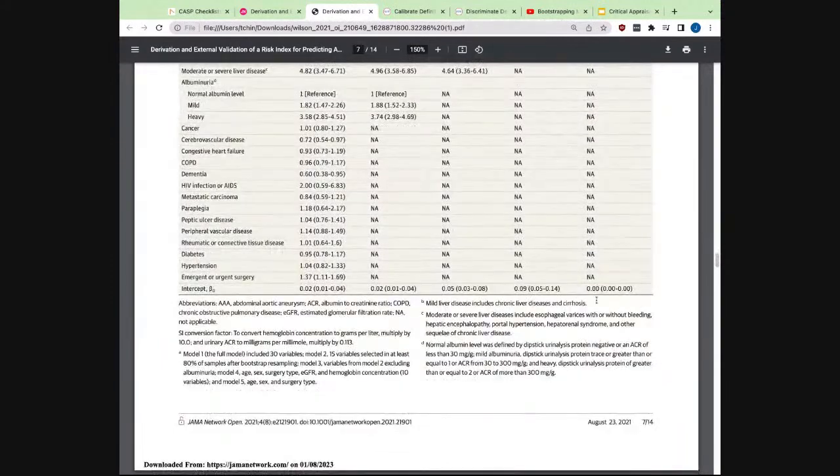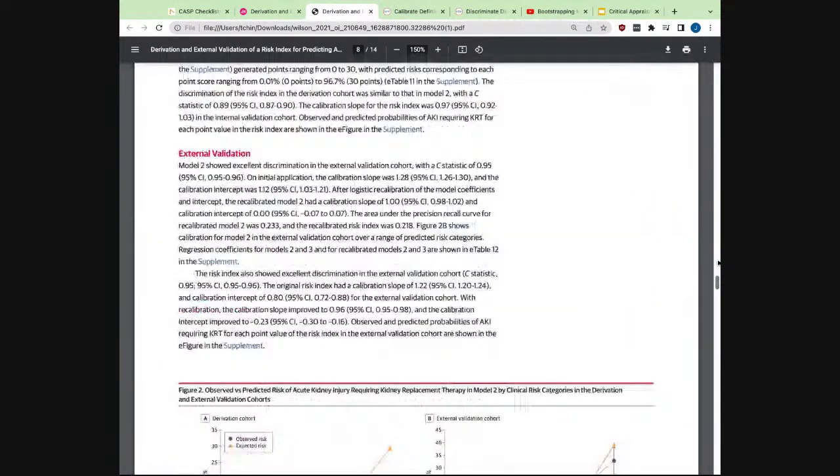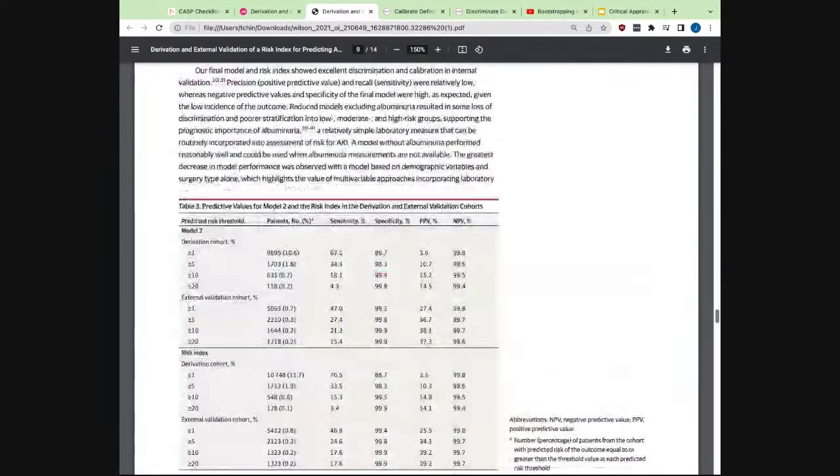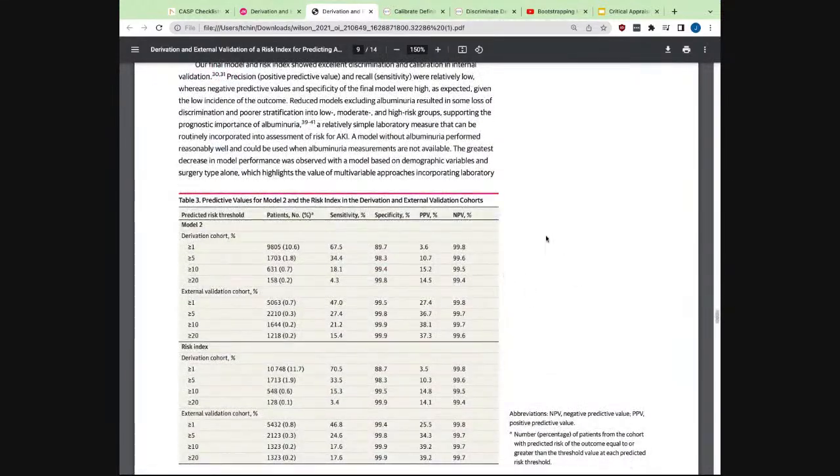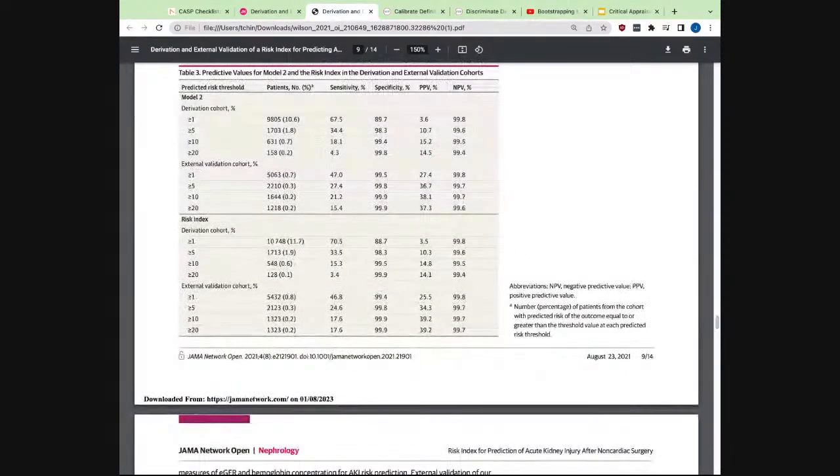So now going back to the research question, there's one more table here. Table 3 is the predictive values of Model 2. They have decided Model 2 was the best, and they look at the sensitivity and specificity.